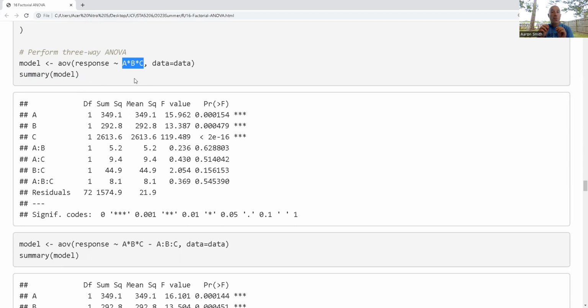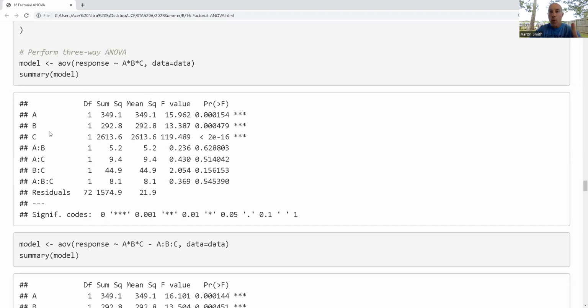If I say star between them, I'm saying include everything from this highest interaction effect down to main effects. So I'm saying include the interaction between A, B, and C, include all of the corresponding pairs of interaction, and include the main effects. So it's the fastest way to get all our formulas spit out.